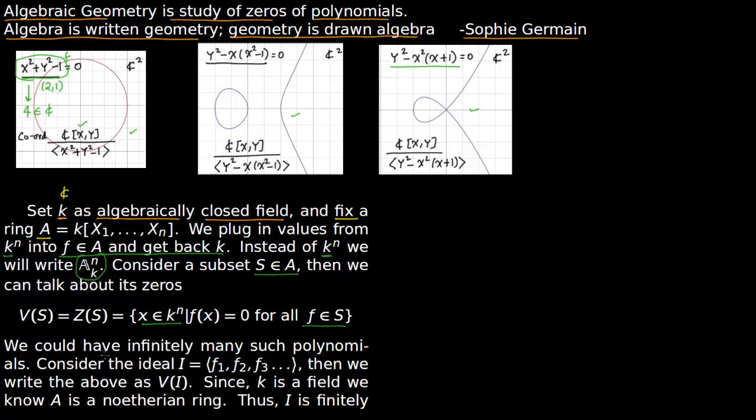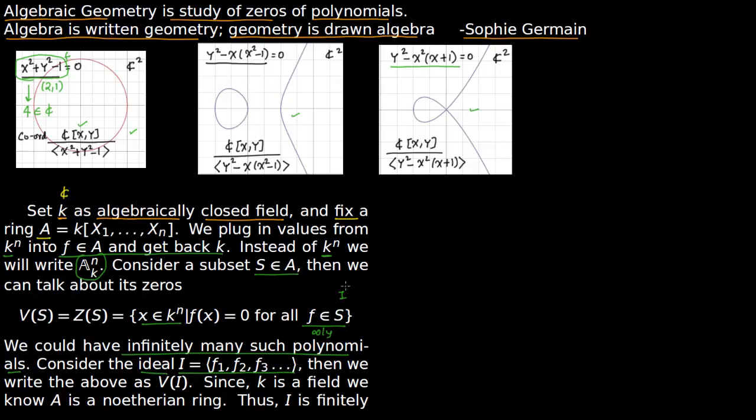Now the set S could contain infinitely many such polynomials. For example, you can consider the ideal which is generated by infinitely many polynomials. So this ideal could be the set. In fact, we are going to consider ideals rather than sets. So there could be infinitely many polynomials in the set S, and you could consider an ideal which is generated by these infinitely many polynomials.